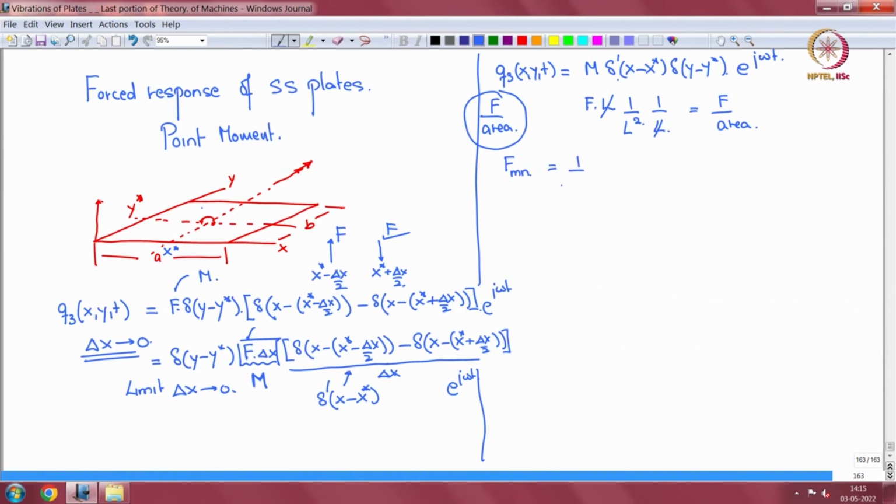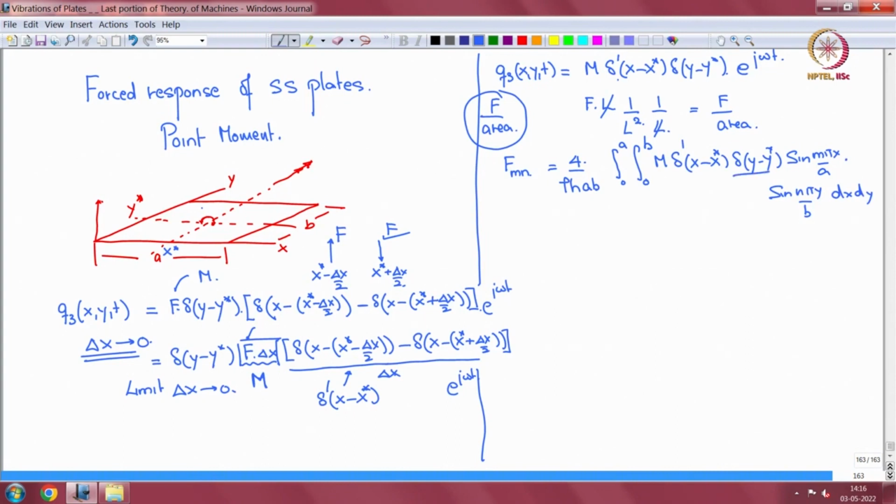That is 1 over rho h N mn, which is AB by 4 for a simply supported plate, then integral 0 to A, integral 0 to B, M delta dash of x minus x star, delta of y minus y star, into the mode shape sine m pi x by A sine n pi y by B dx dy.